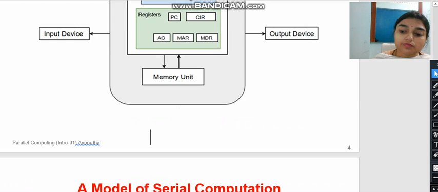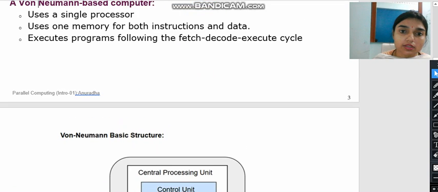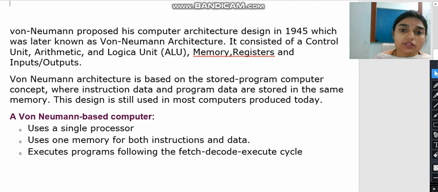A von Neumann architecture basically consists of a control unit, arithmetic and logical unit, memory, registers and input output, and it consists of a single processor. There is one memory for both instruction and the data set.